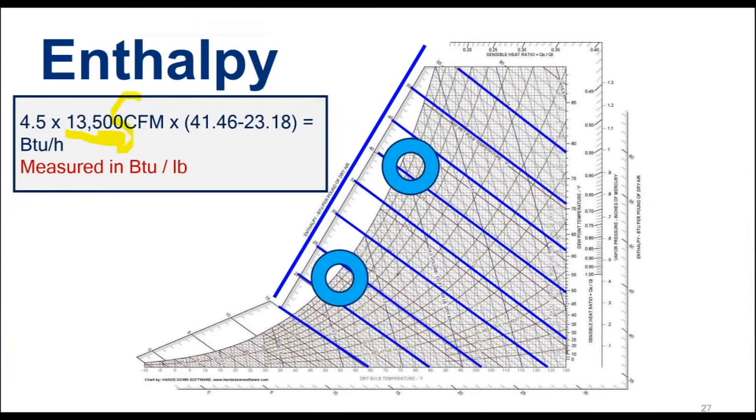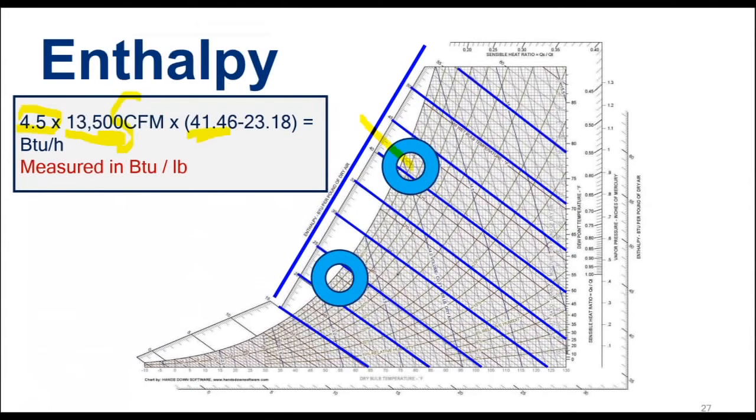So 13,500 CFM. Why did I want to call that out to you? Because we're using a constant here of 4.5. 4.5 times 13,500 CFM, the change in enthalpy. So this higher condition, and if I'll try to follow the line up here for you, this higher condition has an enthalpy of 41.46.